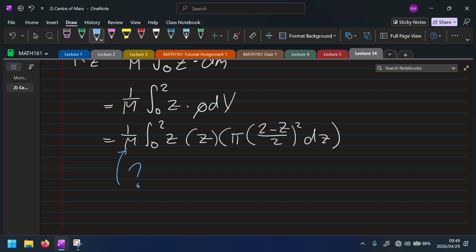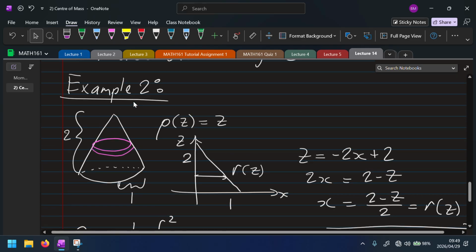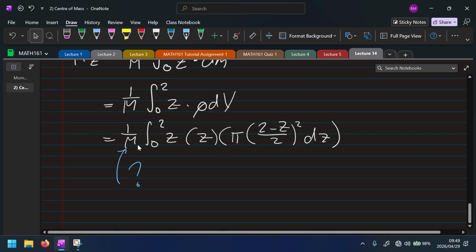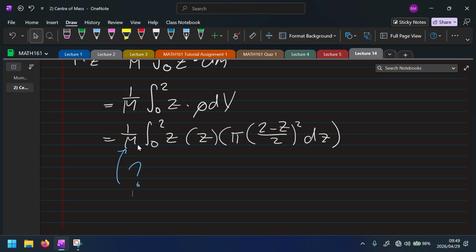Is this a uniform shape? No, it's not. The density is changing. So to find the total mass, it's not just density times volume from what we did before, we have to do that integral. Everyone clear on that? Okay, it's non-uniform. So to get that total mass, m is equal to the integral from 0 to 2 of rho dv. Everyone clear on that?